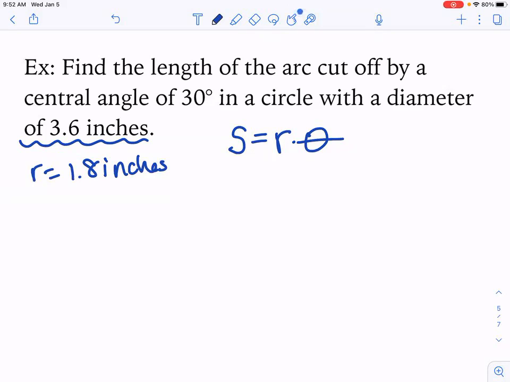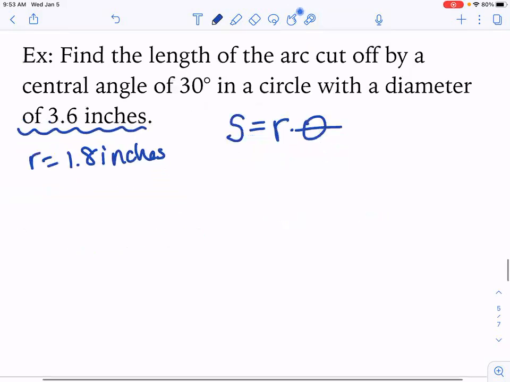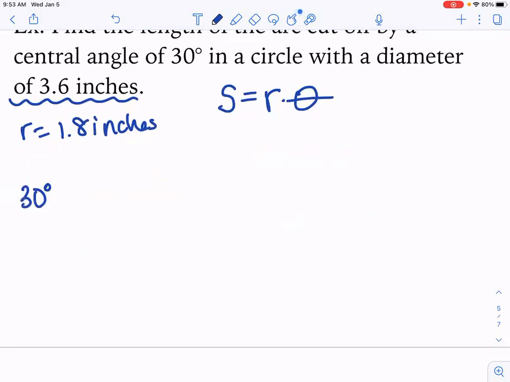Can I use 30 degrees in the formula? No, because our theta needs to be in radians. This comes from the radian definition. We have to go in radians. So 30 degrees, we're going to convert to radians. So remember, pi and 180 degrees are the same.